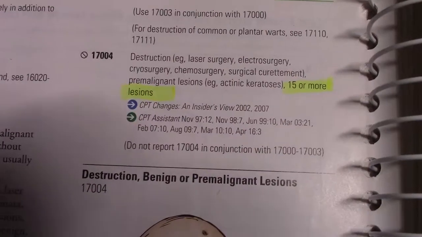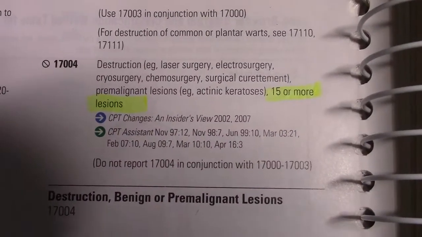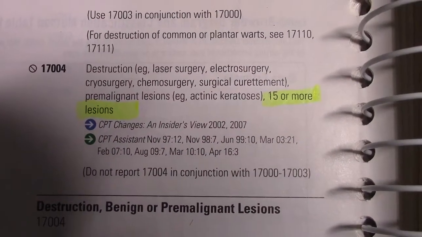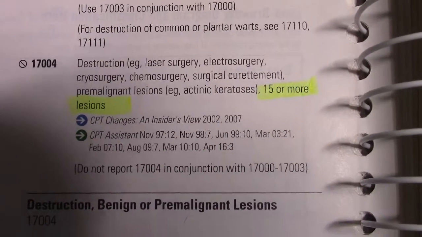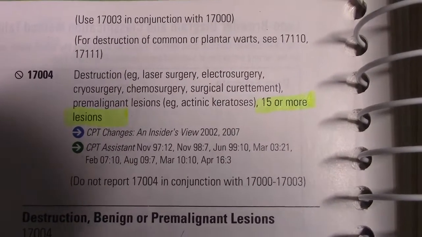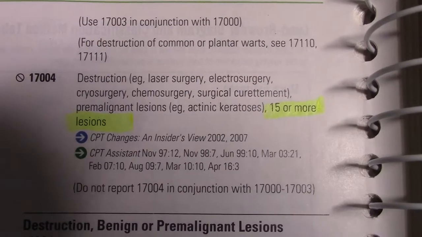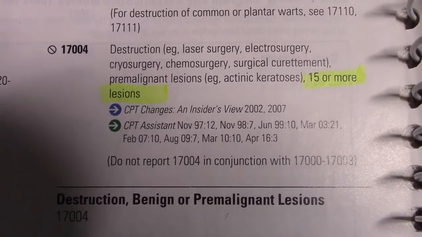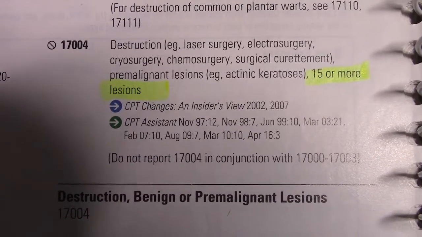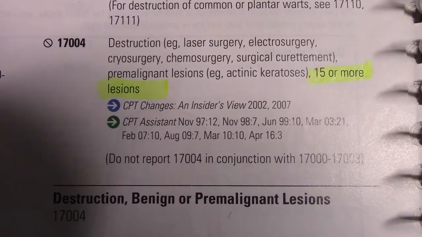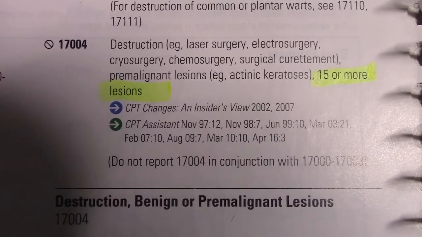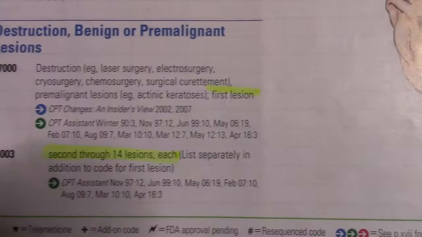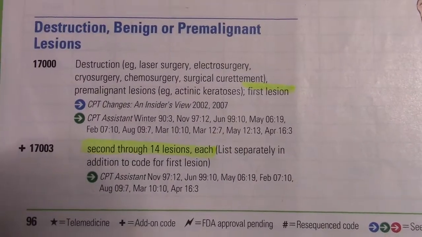But notice when we get to 17004, it says destruction. Again, laser surgery, electrosurgery, cryosurgery, chemosurgery, surgical curettement, pre-malignant lesion, 15 or more lesions. So if at one particular surgery your physician removes 15 or more lesions, you should be using that 17004 code and not 17000 or 17003.